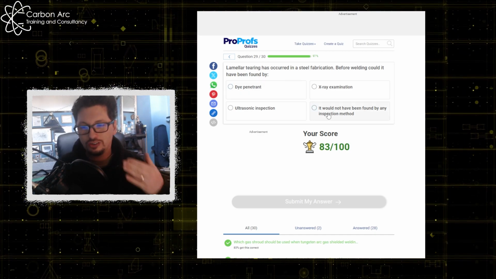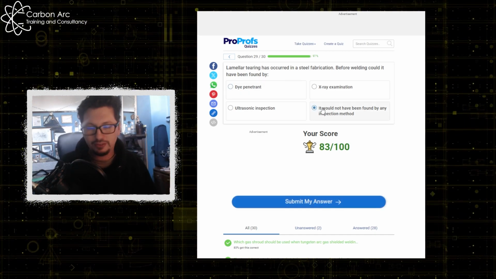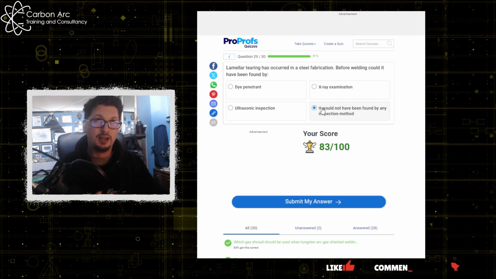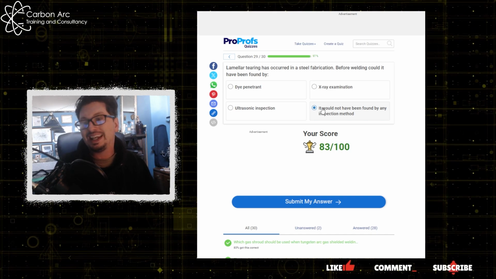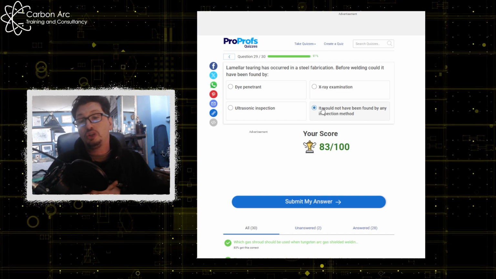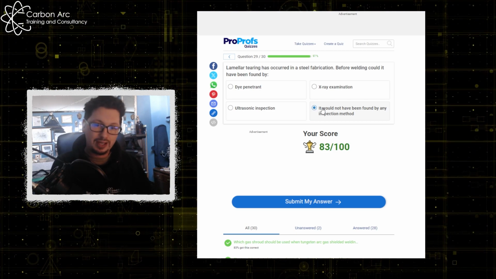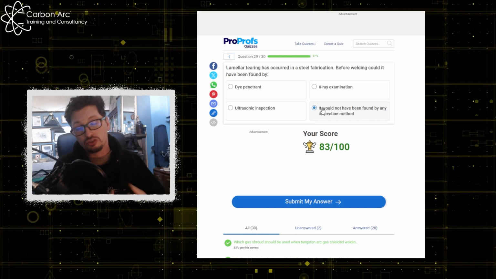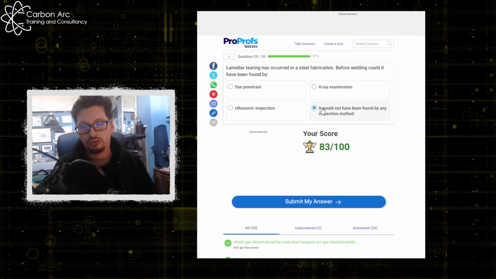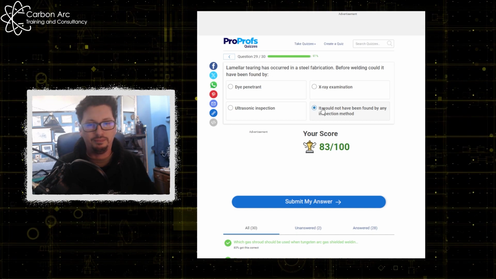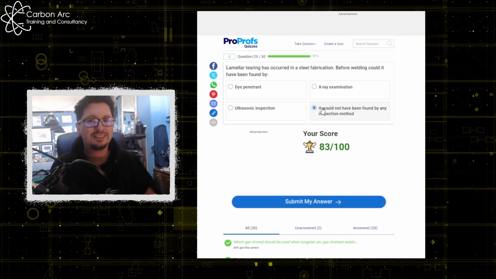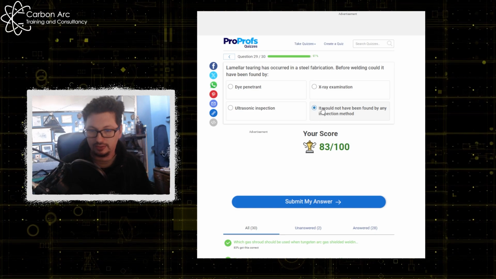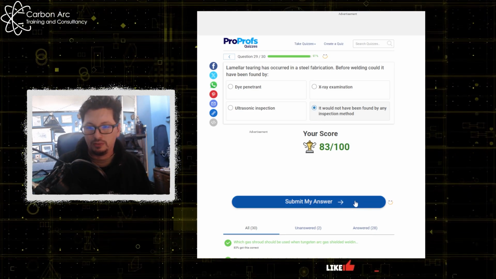No. It couldn't have been found by any inspection method because laminar tearing is the process of producing cracks between laminations. If we had UT'd the material beforehand, we'd find the laminations, and we can potentially do a Z-test, a short transverse reduction in area, to understand what the risk of the through thickness ductility is. So it couldn't have been found beforehand.